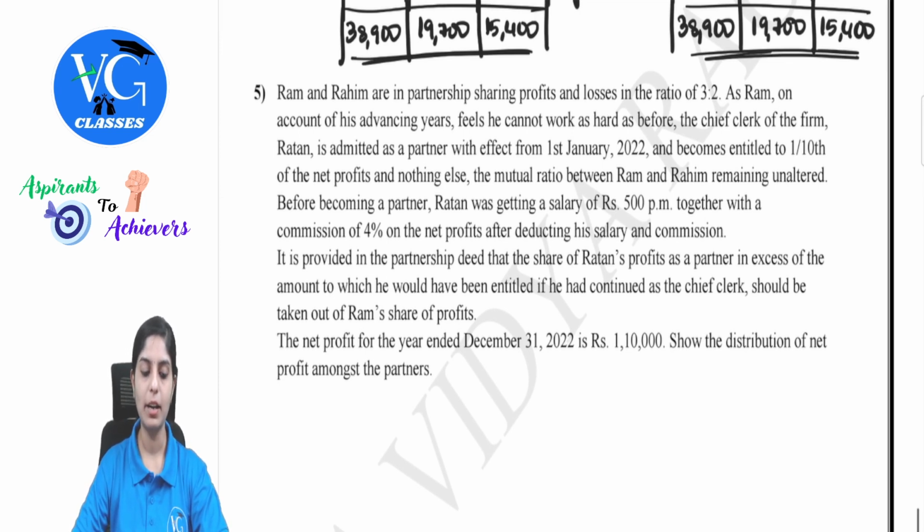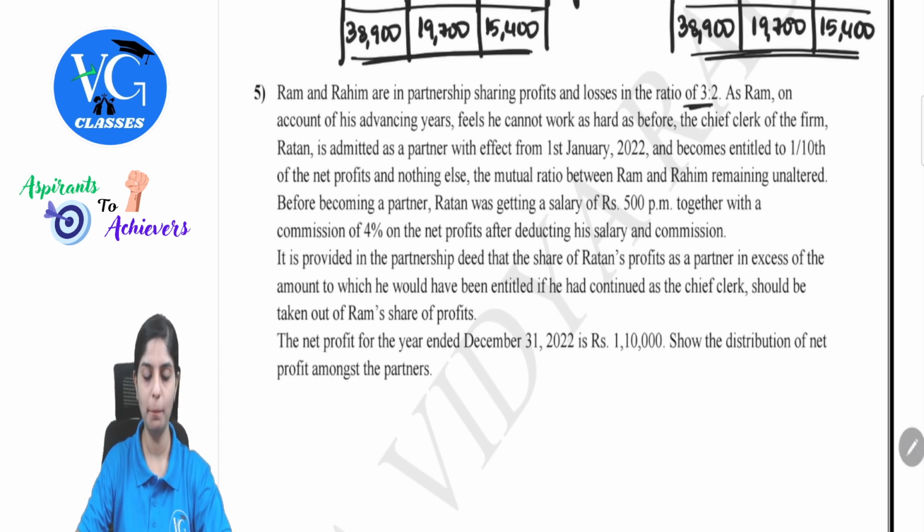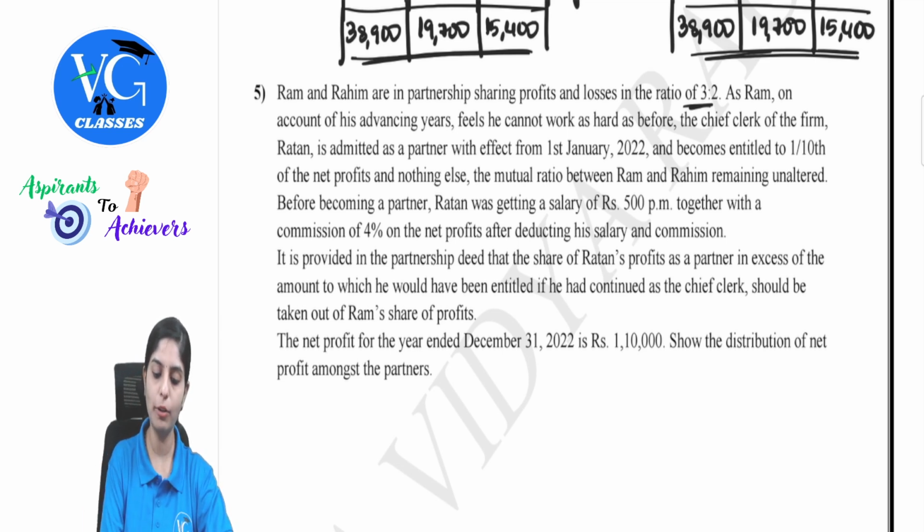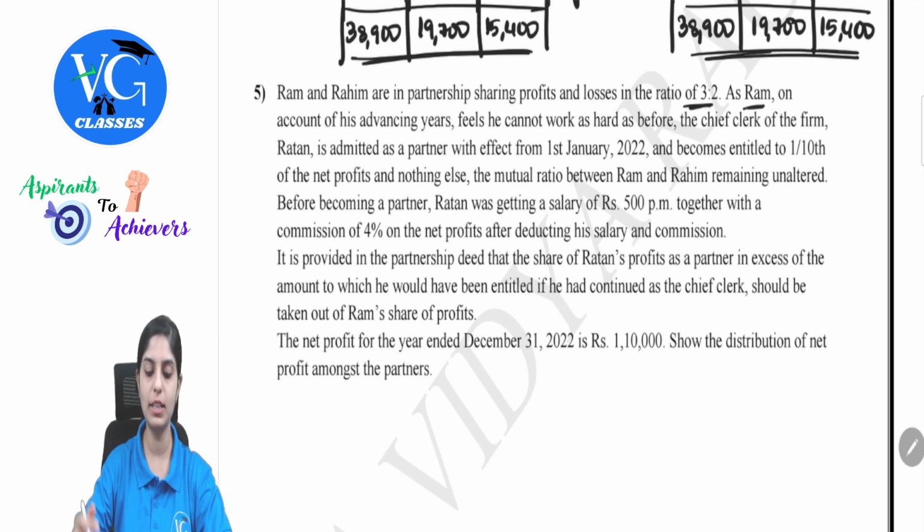Ram and Rahim are in partnership, sharing profits and losses in the ratio of 3:2. As Ram, on account of his advancing years, feels he cannot work as hard as before, the chief clerk of the firm, Ratan, is admitted as a partner. That means one of the existing partners feels that he's not working enough with respect to the main role of the firm.